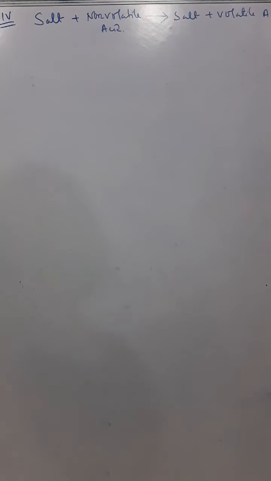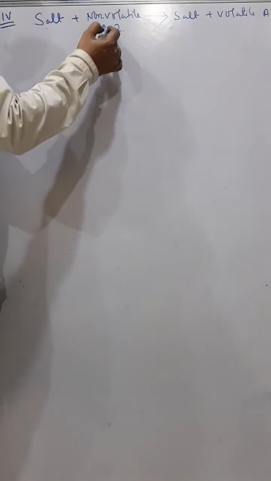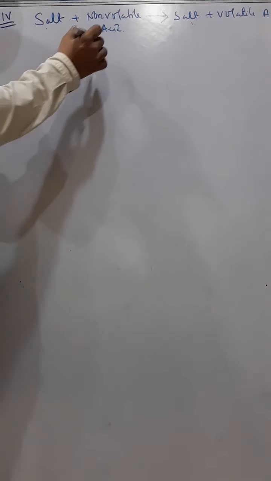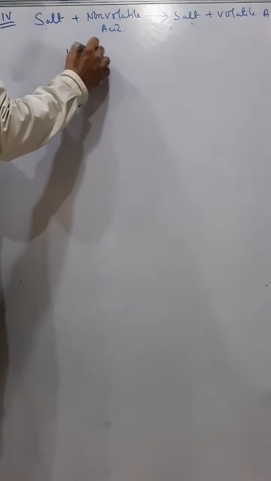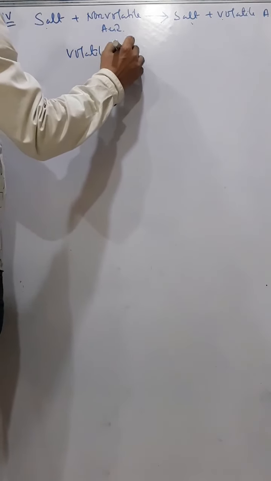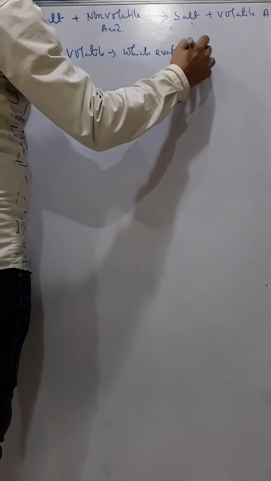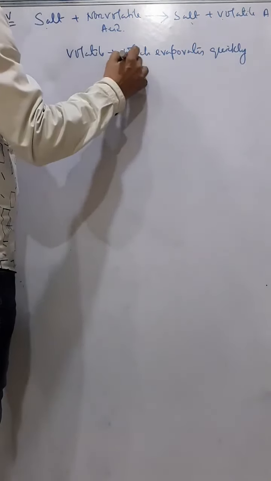Okay, the next method is salt plus non-volatile acid gives you another salt plus a volatile acid. Now first of all you have to understand what are volatile and what are non-volatile. Volatile means which evaporates quickly in room temperature.